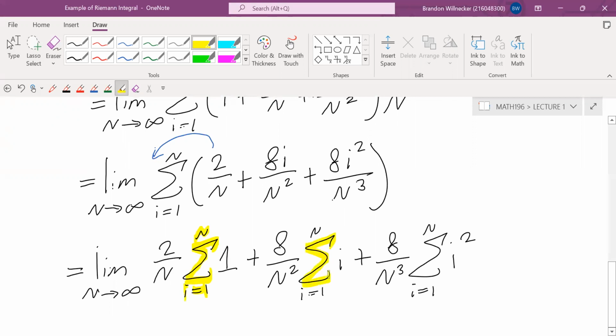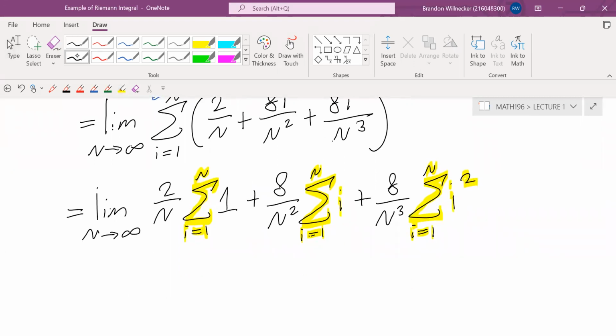So we know how to do this sum. And we know how to do this sum. Okay, remember there are formulae for each of these sums. So let's just plug those in.